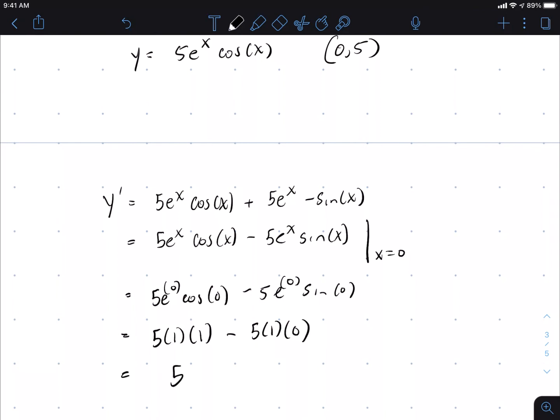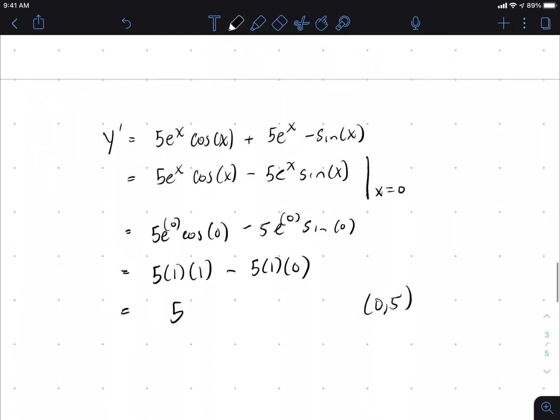So 5 is my slope. Right? And they gave me the point (0, 5). So that's already in intercept form. So y is equal to 5x plus 5 is the tangent line.